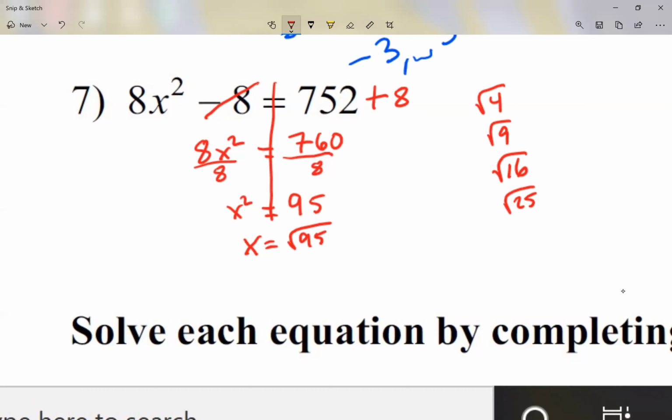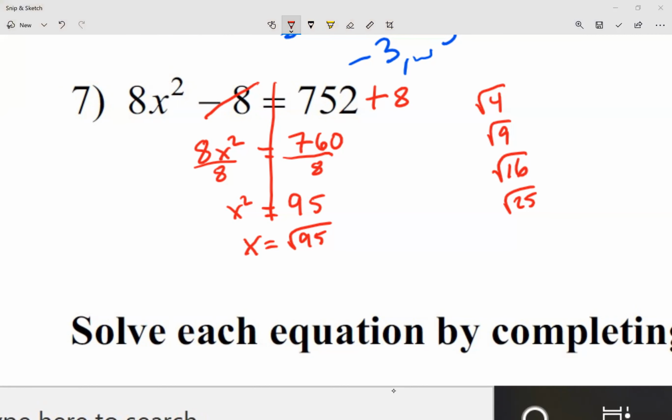I'm hoping that I can simplify my radical: two numbers that multiplied equal 95, and one of them has to be from my perfect squares. The only two numbers I can think of that multiplied equal 95 are 5 times 19. 5 is not from my perfect squares. 19 is not from my perfect squares. So I cannot simplify it anymore.